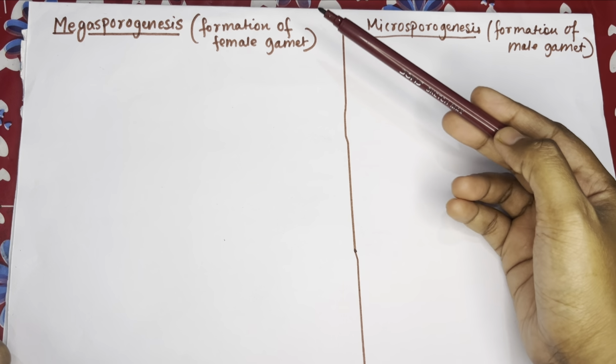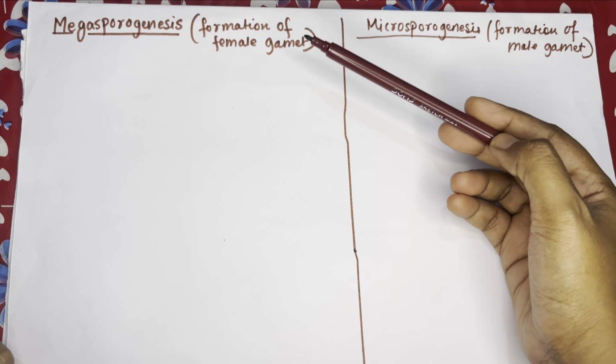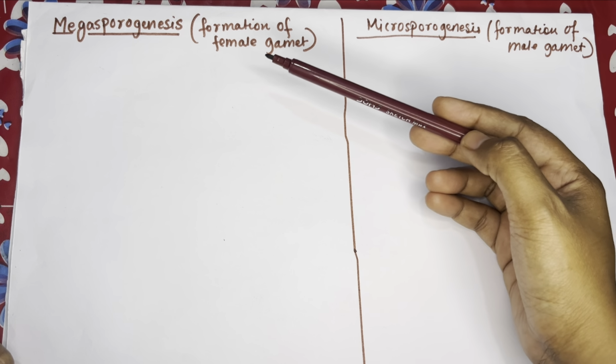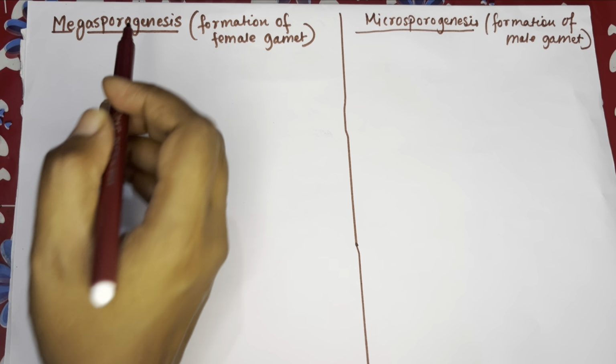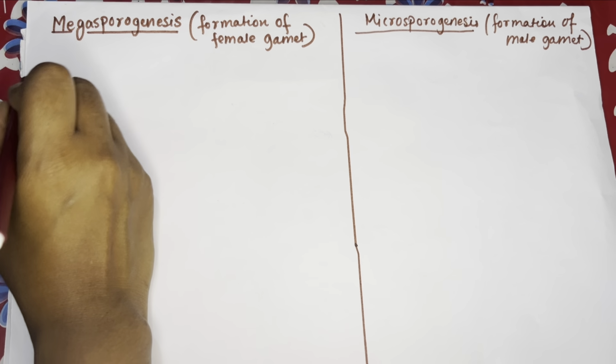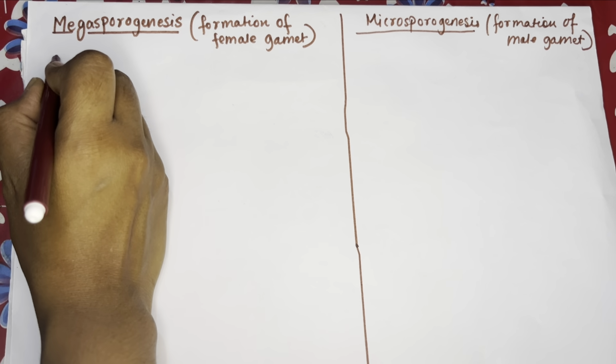Megasporogenesis is the formation of female gametes, that is the egg, in plants, and microsporogenesis is the formation of male gametes, that is the pollen grain, in case of plants. Let's first start with megasporogenesis. Here will be a tissue called nucellus tissue.